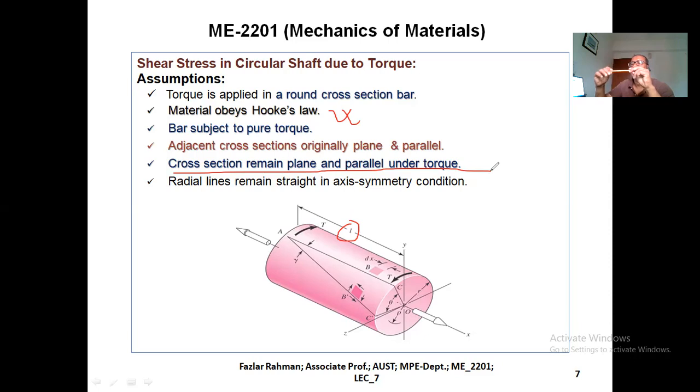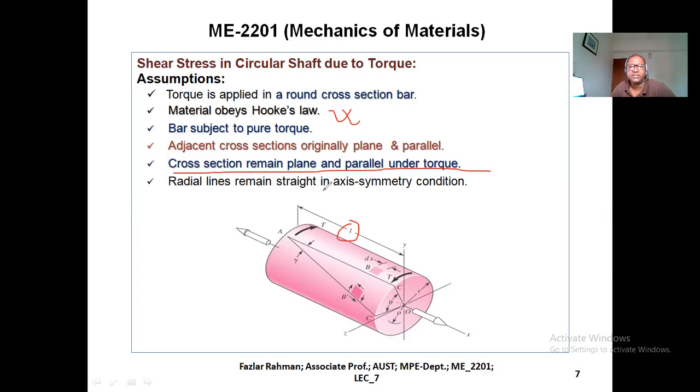If it is a very soft material, it is going to squeeze before failure. Say you take a rubber shaft and apply torque, then it will be squeezed somewhere. That means your cross section will not remain in a plane. It might be inclined a little bit. That is why it says the cross sections remain plane and parallel to each other under torque.